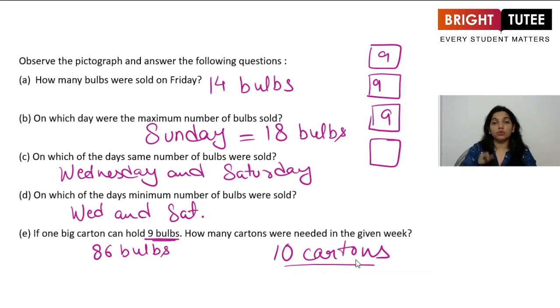When we do 9 times 9, we get a total of 9 cartons. That means we are putting 81 bulbs in it. After putting 81 bulbs out of 86, we are left with 5 more. We can't just leave those 5 as they are. We need another carton for them. So we are putting one more carton, and in that carton 5 bulbs will be there. So in total, we are requiring 10 cartons.